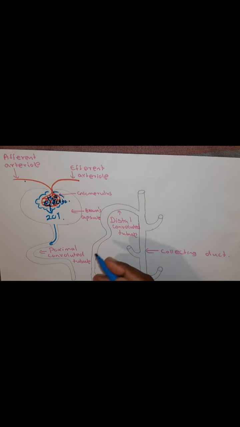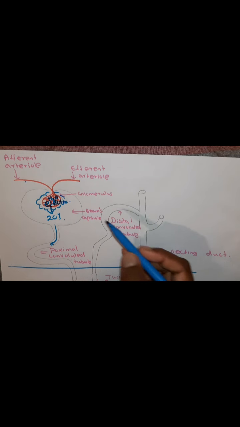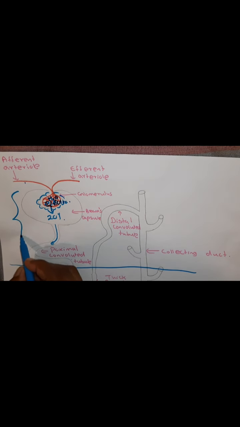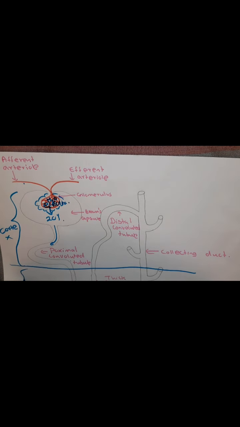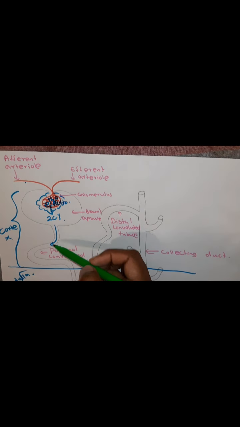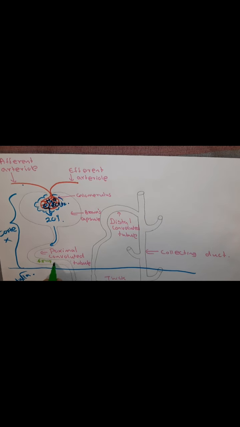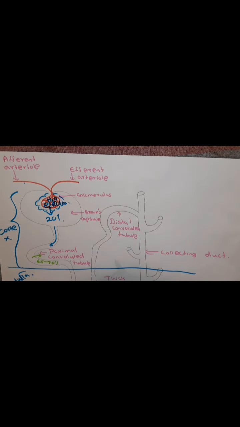Then it will go to the proximal convoluted tubule. Here I should have mentioned that the proximal convoluted tubule, distal convoluted tubule and glomerulus are in the cortex of the kidney, whereas the loop of Henle and the collecting ducts are in the medulla of the kidney. Of the 20% of plasma, around 65 to 70% of sodium may reabsorb into the bloodstream.